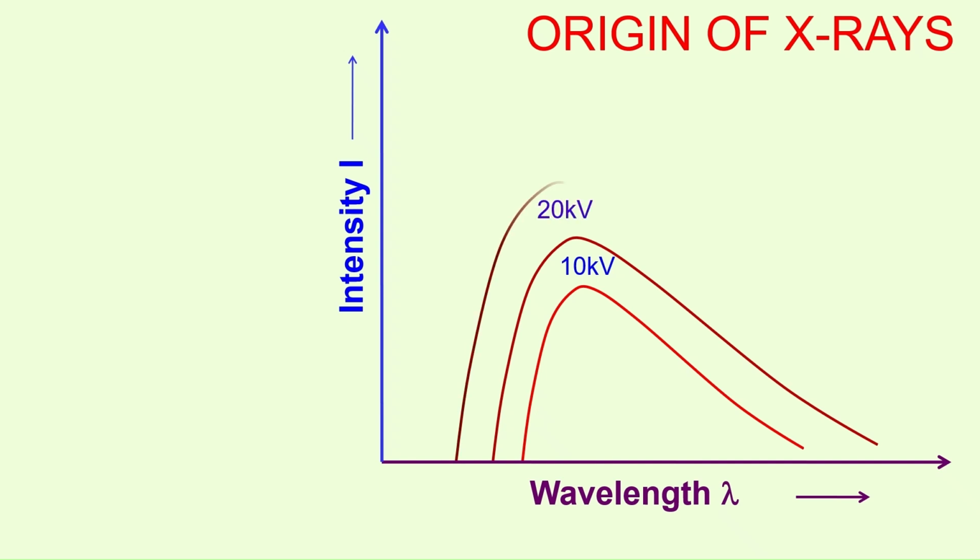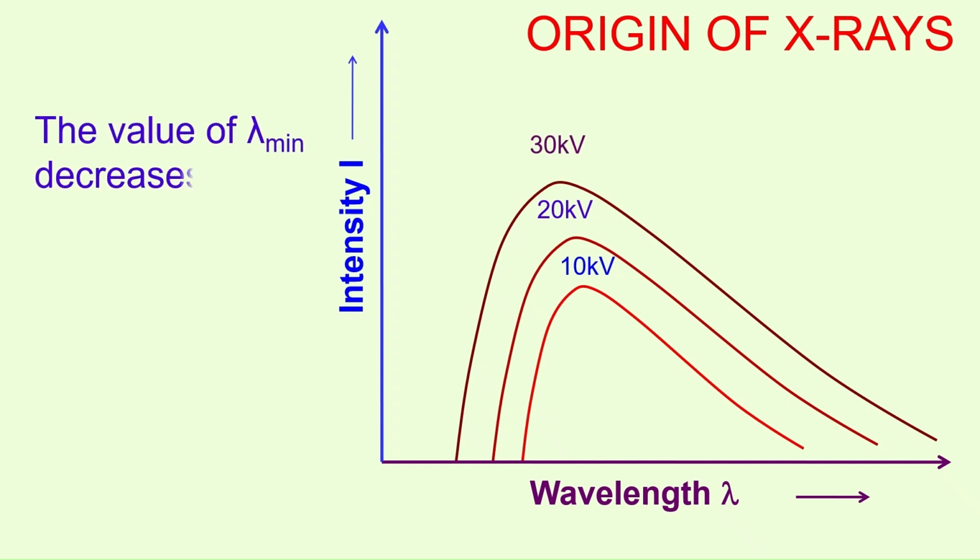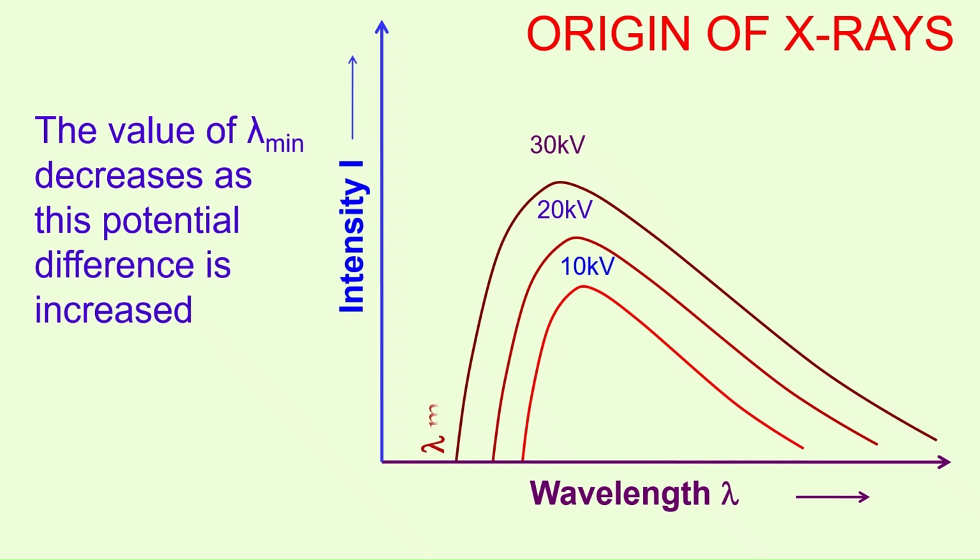Note here and understand: as shown in the typical graph, the value of lambda minimum decreases as the potential difference is increased.